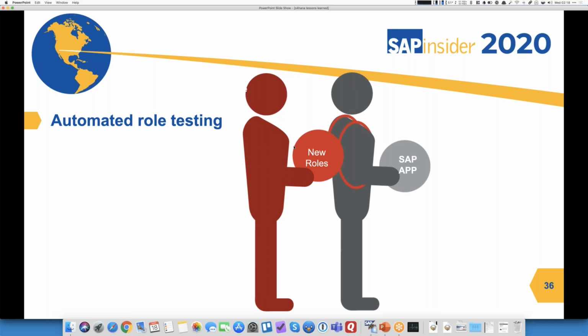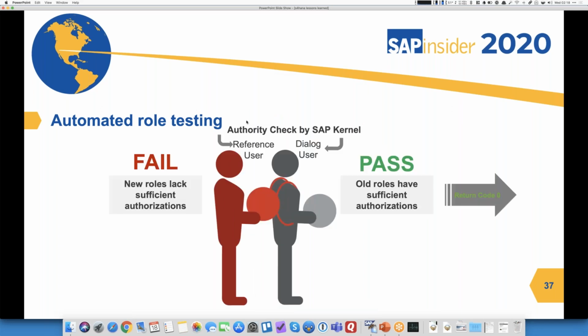And the reason why we leverage that reference user is because whenever the SAP kernel performs an authority check, it always does it against the reference user first. And if that fails because something is missing here, maybe we forgot to authorize BP properly, but here with SAP_APP, the tester obviously can execute BP and do his or her thing.